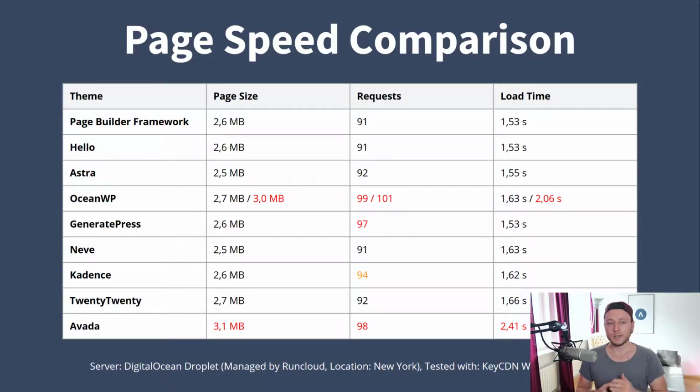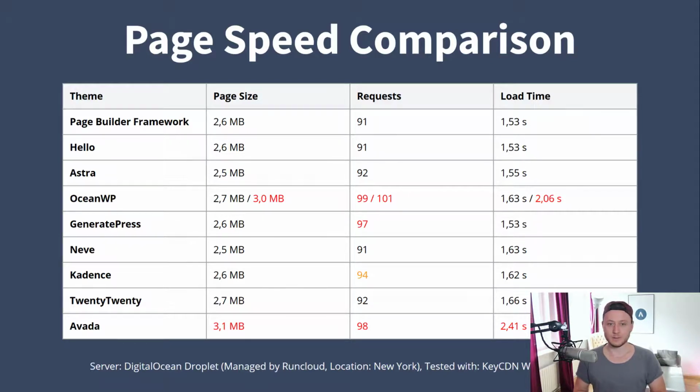I have to mention that I ran all the tests at least 5 times and only noted down the very best numbers that I could achieve, to make it a fair comparison. Also, going back to the page size, Avada loads at 3.1 megabytes, which is a lot more compared to Astra, for instance.